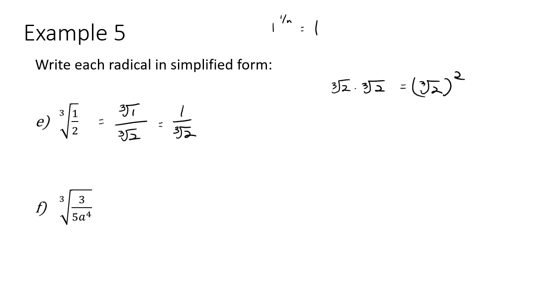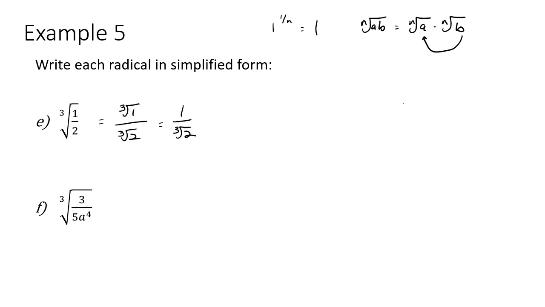A square and a cube root do not cancel each other out the same way a square and a square root does. So as we move into higher order radicals, I recommend you again think of this as multiplying the things inside of the radical, the reverse of that product property that we looked at earlier. And you need to think about what you need to multiply in order to make the inside a perfect cube.